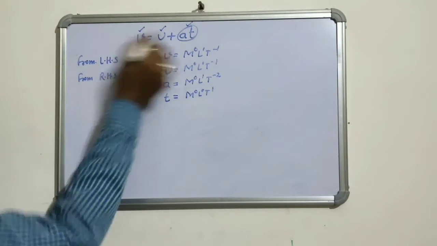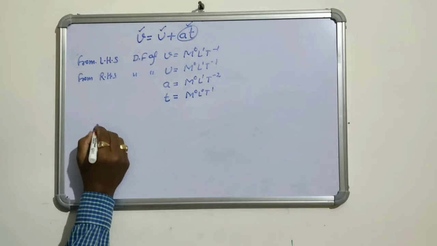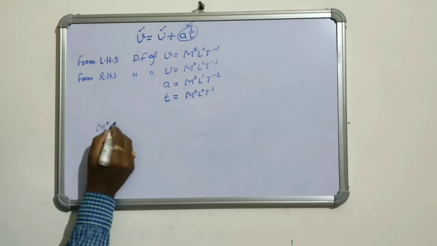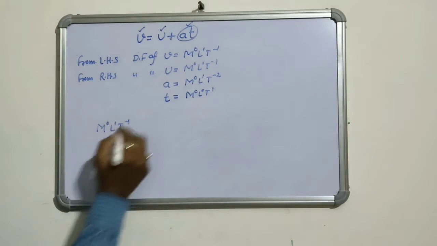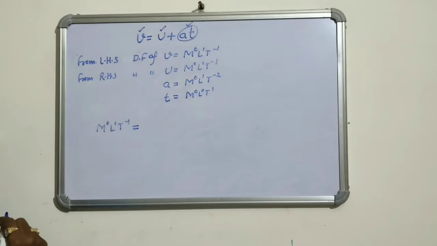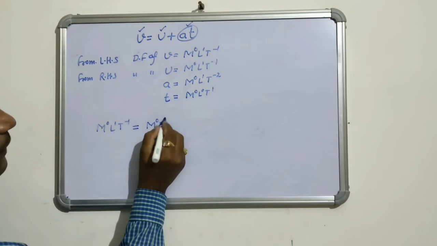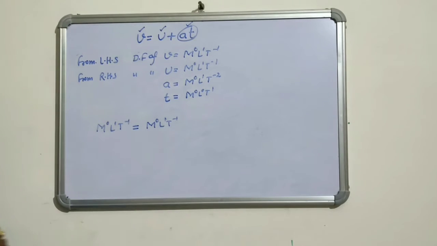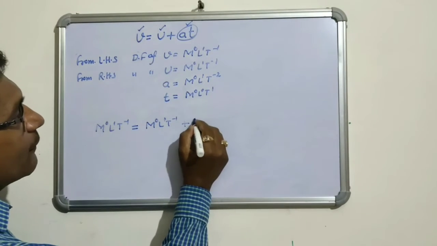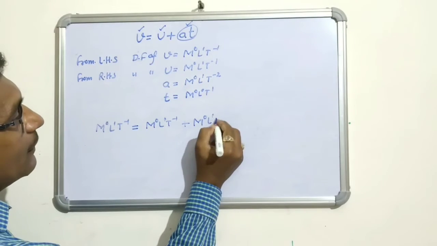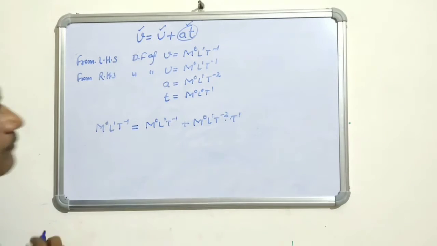After solving, the dimensional formula of final velocity is M0 L1 T minus 1, which equals the dimensional formula of initial velocity, M0 L1 T minus 1, plus the dimensional formula of A, M0 L1 T minus 2, times that of T, T1.